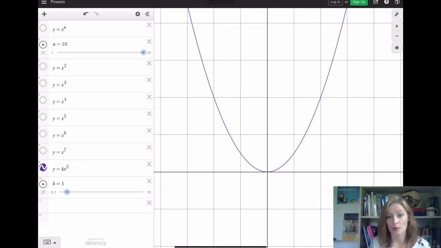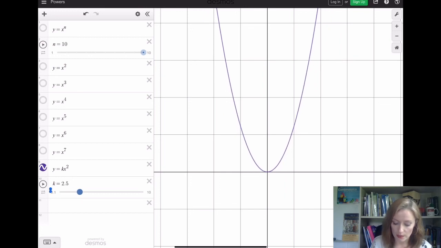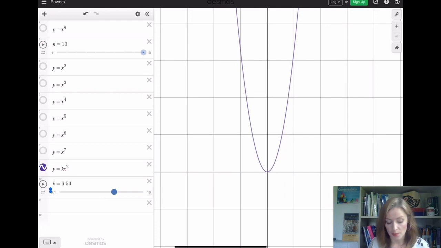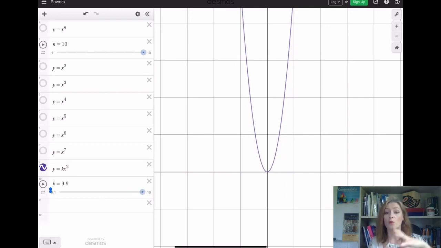So this shape right here is just x squared, my basic parabola. And as I increase k, the shape remains a parabola, but it is getting skinnier and taller and more stretched out vertically, right? But notice that no matter what k was, the general shape has always remained a parabola.